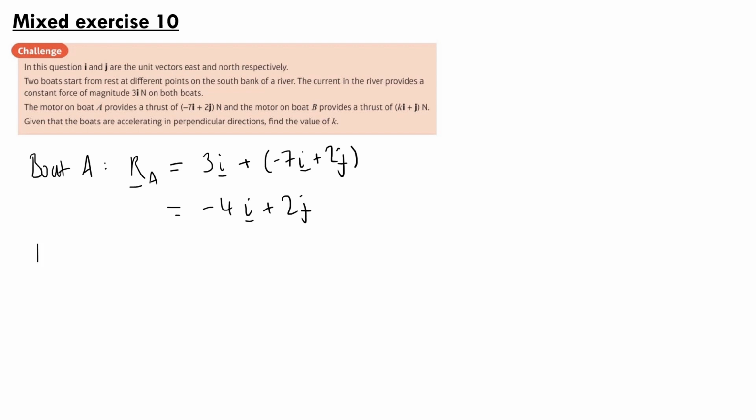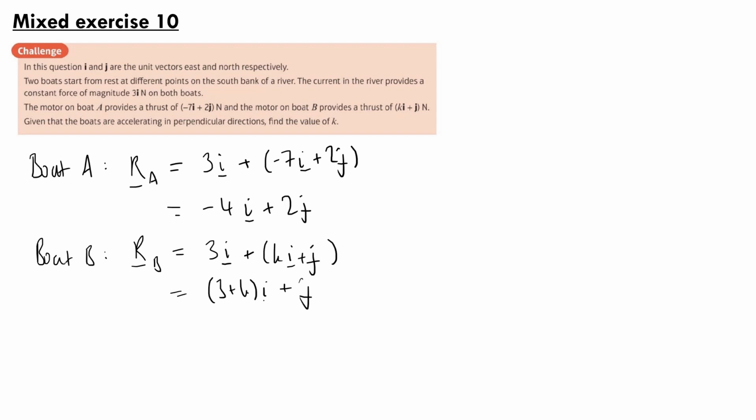And for boat B, let's call the resultant force RB. That will be 3i again, plus the motor from B, and that is ki plus j. And that gives us 3 plus ki and just j.